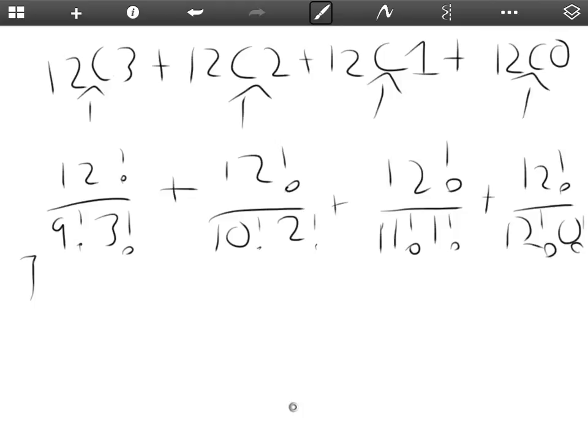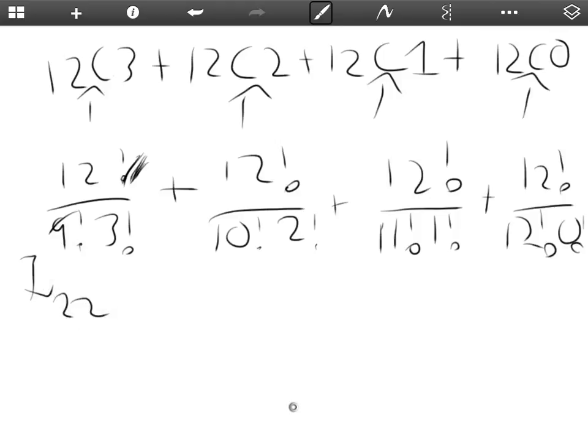The way I did that is 12 times 11 times 10, and the 9, 8, 7, 6, 5, 4, 3 all canceled, leaving 12 times 11 times 10 over 3 times 2, which is 1320 over 6, which is 220.